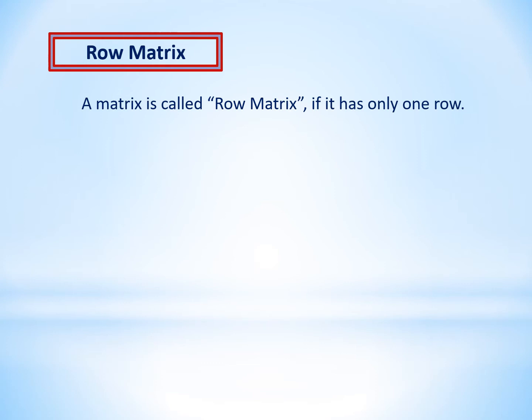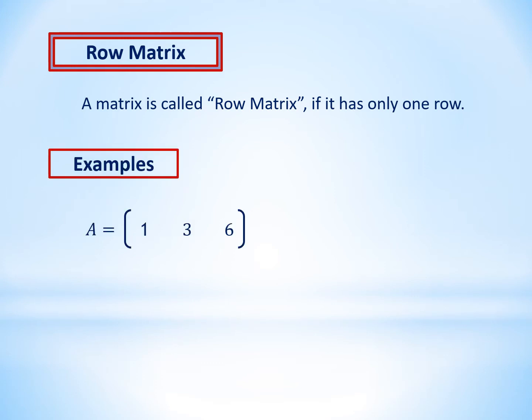Row matrix. A matrix is called row matrix if it has only one row. So row matrix has only one row. For example, look at this matrix A. It has only one row and it has 3 columns.